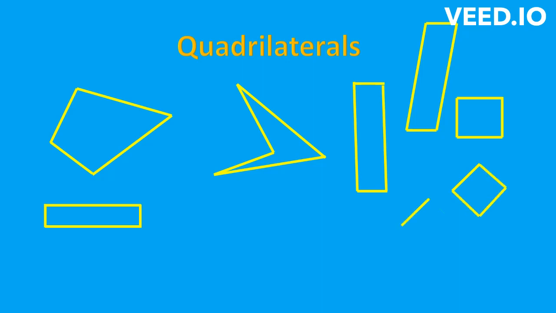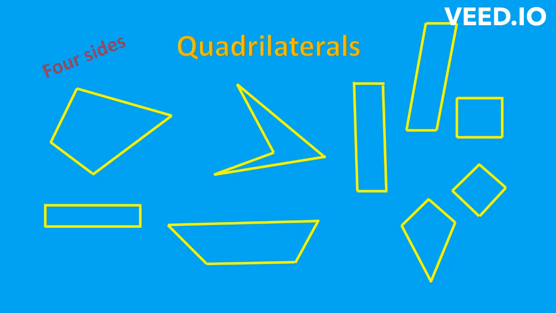So, a quadrilateral should have four sides. And also, the sum of angles inside a quadrilateral should be 360 degrees.